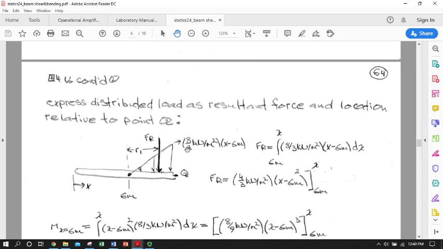So if we are going to look at the moment at point Q that we would have to be applying from the rest of the beam, we'd have the moment up to point x equals 6 meters. We'd have the applied moment, that 3 kilonewton meters, and then we would have the increasing result of our distributed load, which we can write this way.